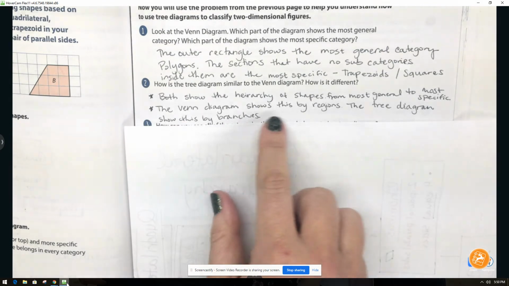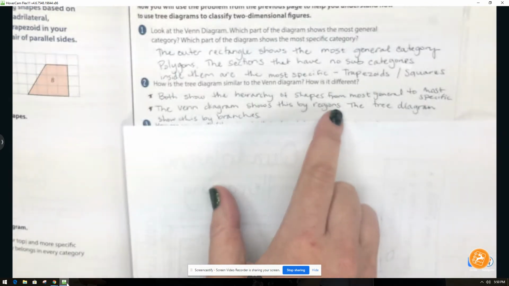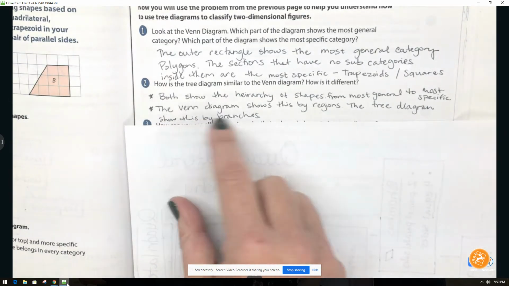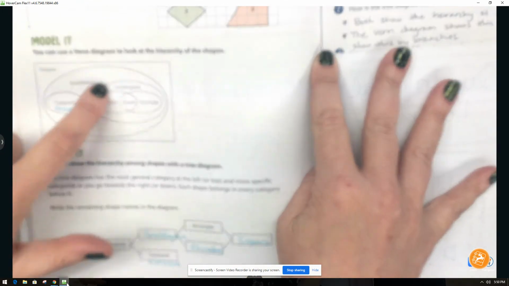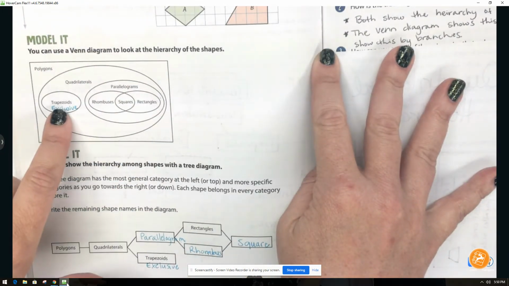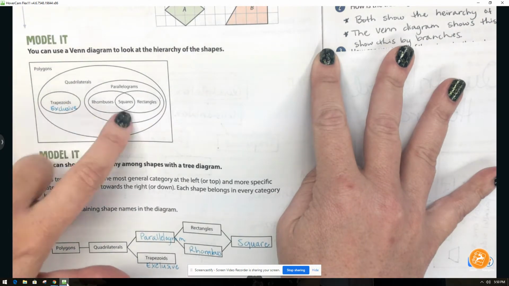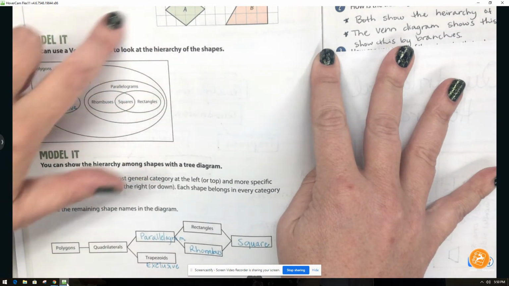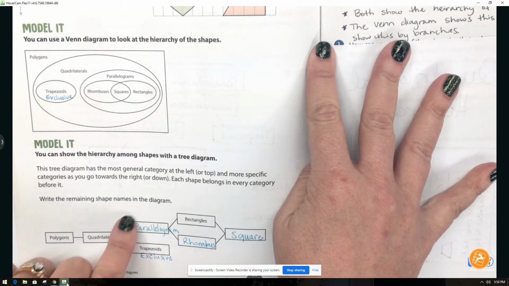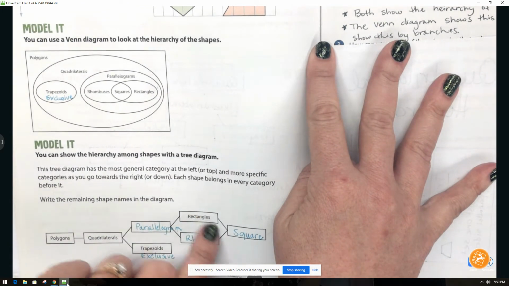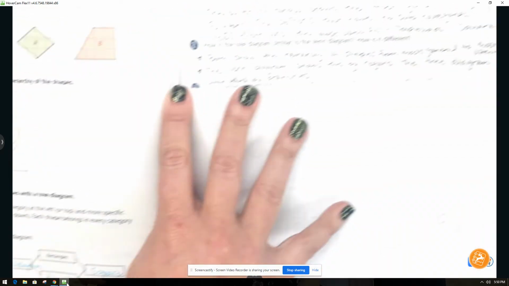But the Venn diagram shows this by regions, and the tree diagram shows this by branches. So a Venn diagram shows a region, like an area that's covered, and then each of the areas inside of it go inside of the most general shape. And over here, it shows branches of the tree to talk about how it's all together.